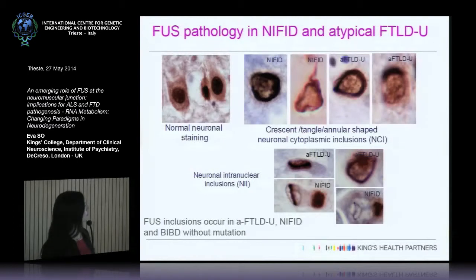However, in these patients, FUS was identified as a component of the neuronal cytoplasmic inclusions, and also the intranuclear inclusions at the bottom. And FUS inclusions were also identified in BIBD, which is the tau negative form of FTLD. So this reinforced the concept that ALS and FTD are closely related.